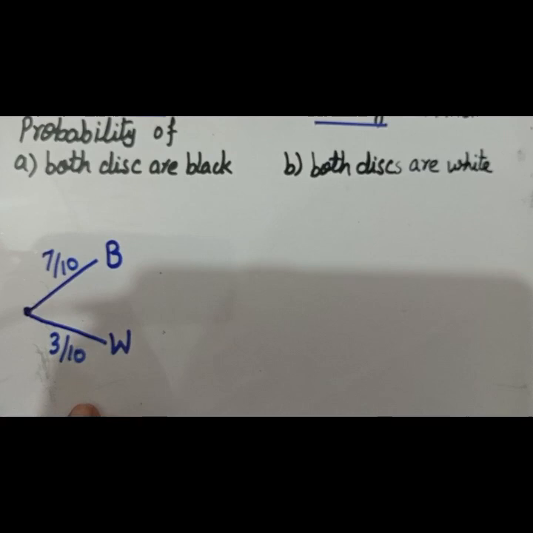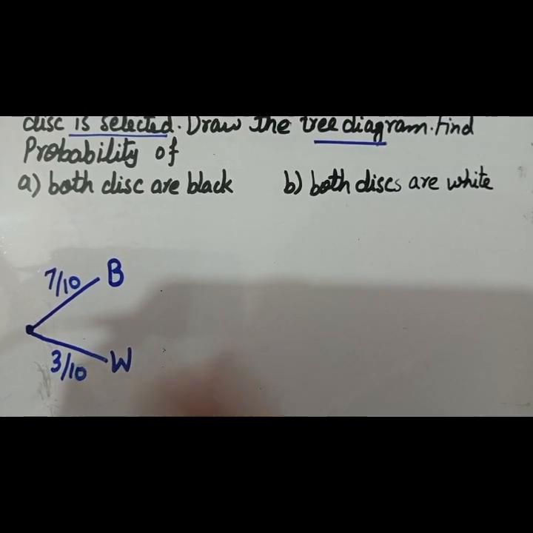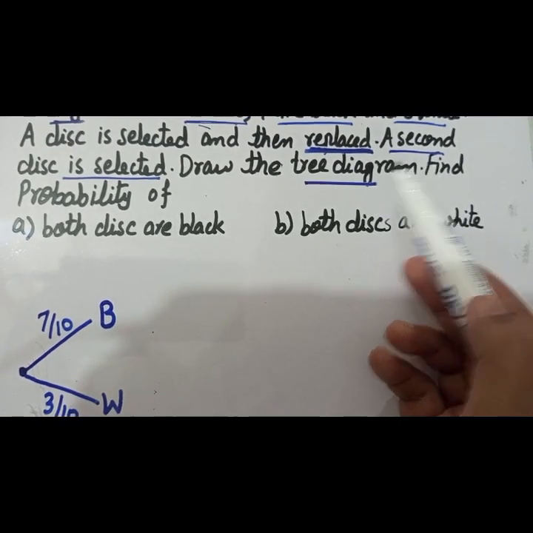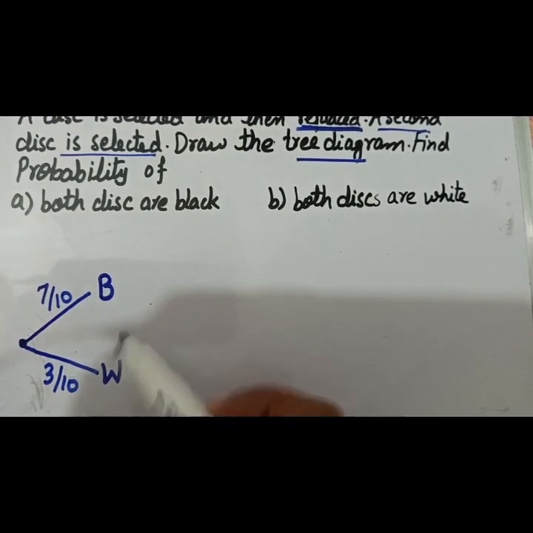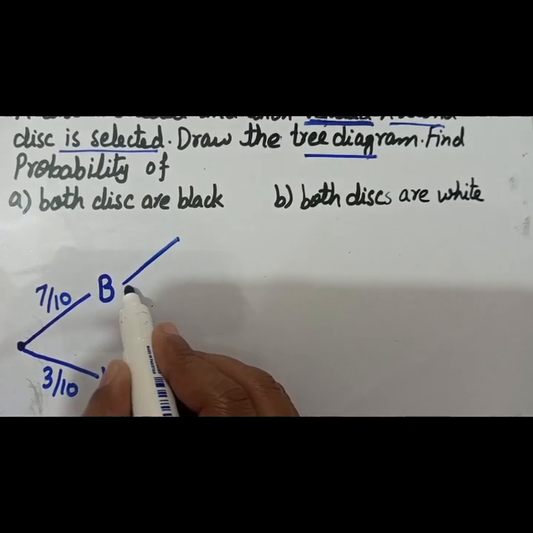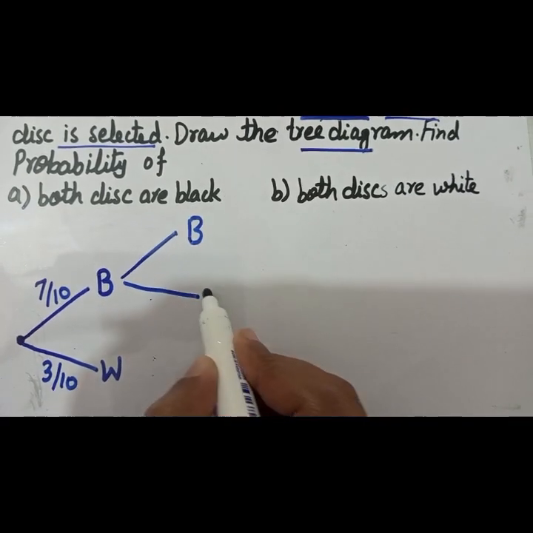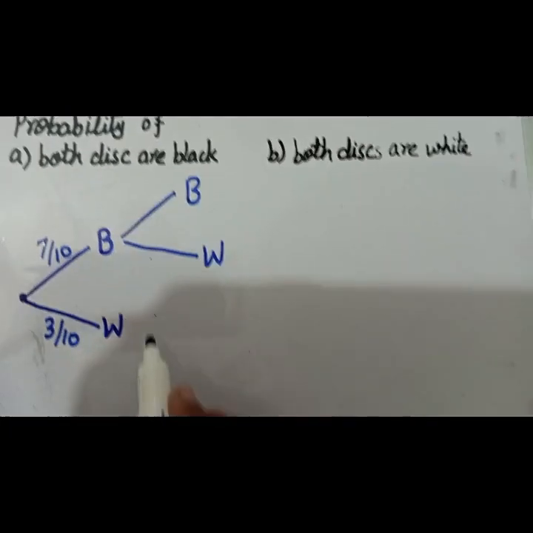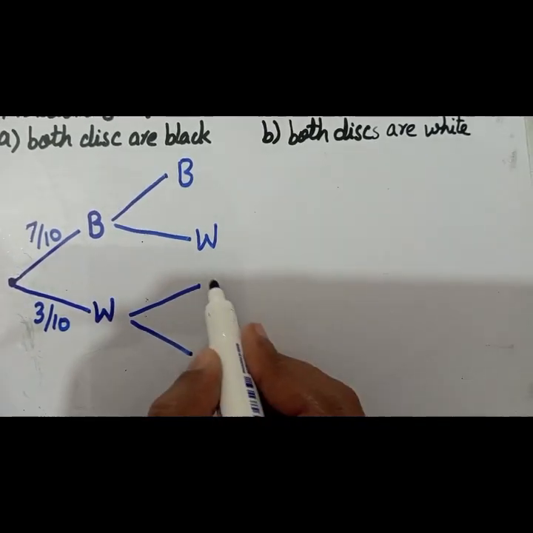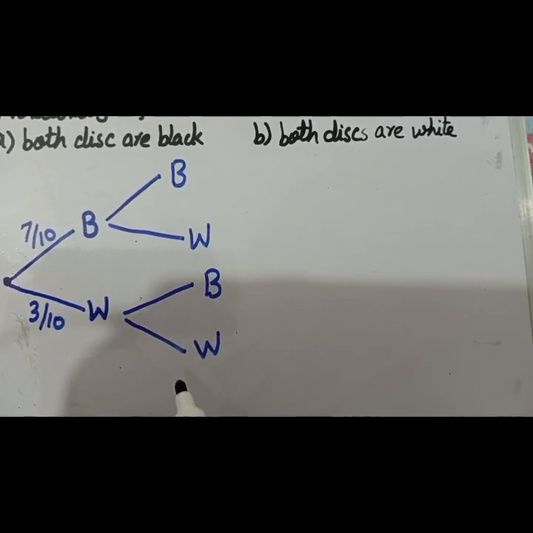Now this is the first attempt. You have to do the second attempt as well, because he has mentioned in the question a second disc is selected. This was the first disc. Now you have to select the second disc, that will be selected in this particular way: black and white. Same you have to do the task over here like this: black and white.